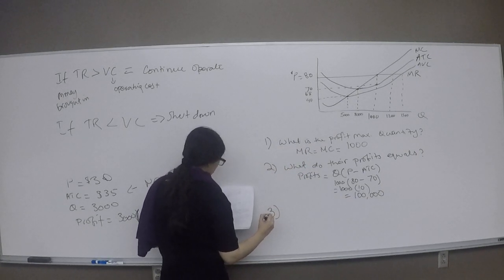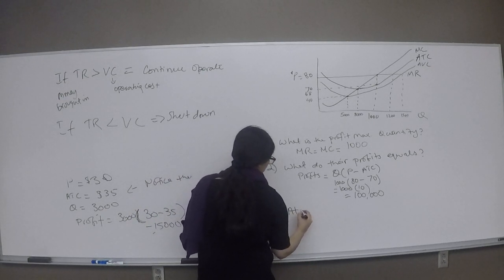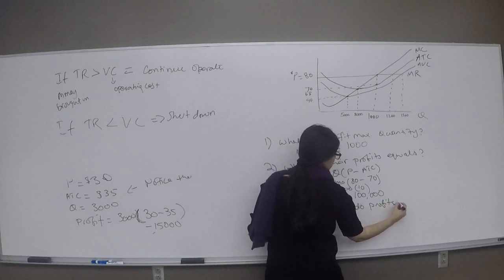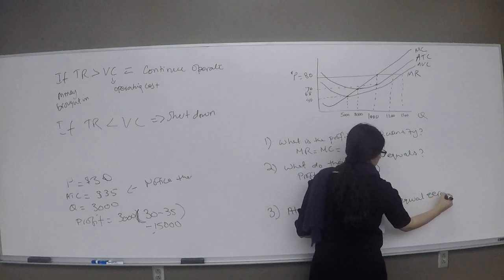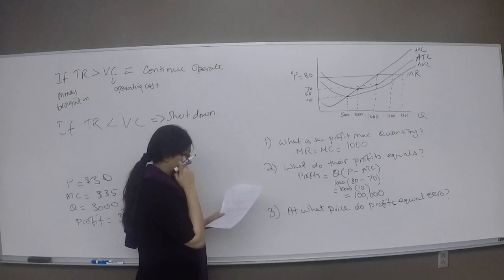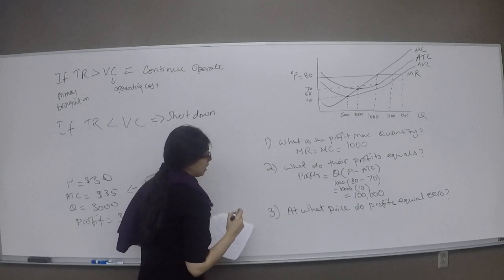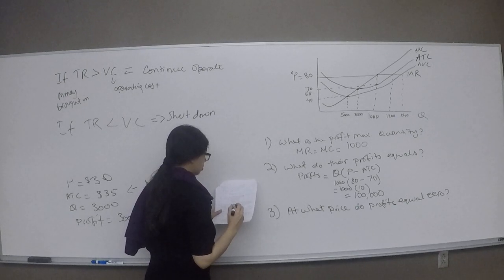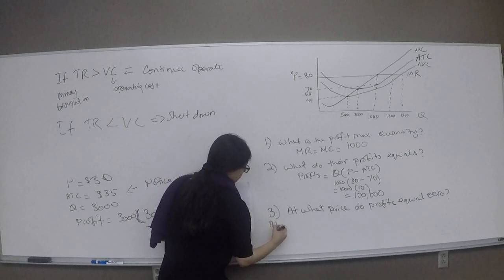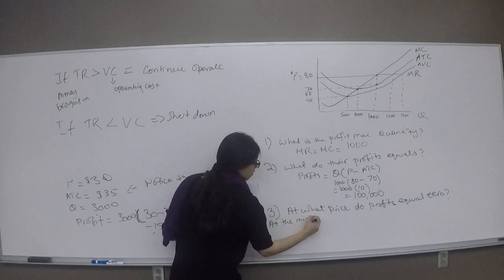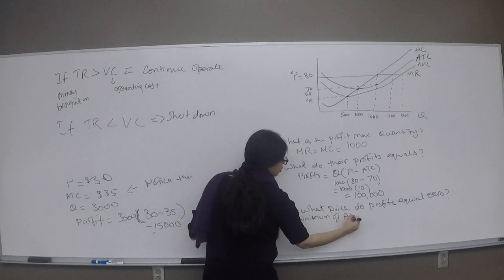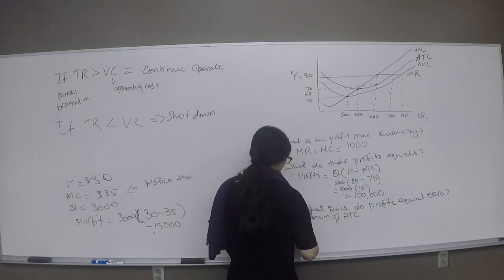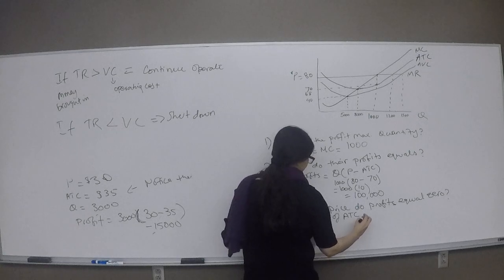Number 3 is, at what price do profits equal 0? Well, at the minimum of average total cost, profits are 0.